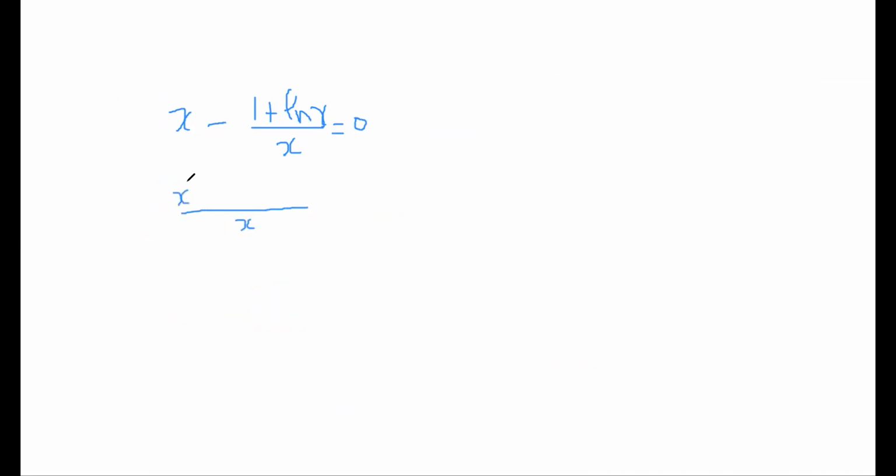We get x squared minus 1 minus ln x equal to 0. This equation cannot be solved. It is difficult to solve this equation. We have a polynomial part and a log part. So we are not going to solve it by this method. Okay, we are going to search for another method in order to solve f(x) equal to 0.